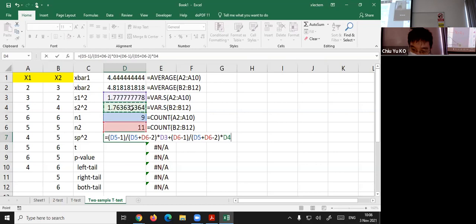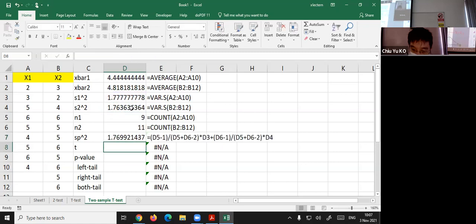So this is the formula, right? Just n1 minus 1 over n1 plus n2 minus 2 times d3, and then n2 minus 1 over n1 plus n2 minus 2 times d4. Okay, so that would be the formula. Just slowly check, then it would be the same formula as we have.